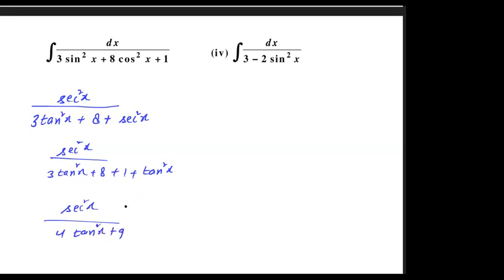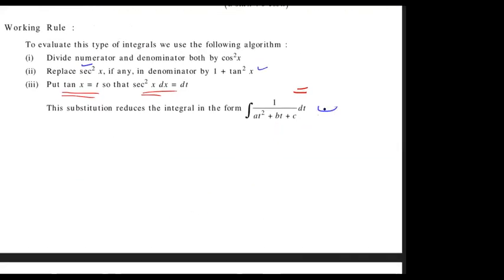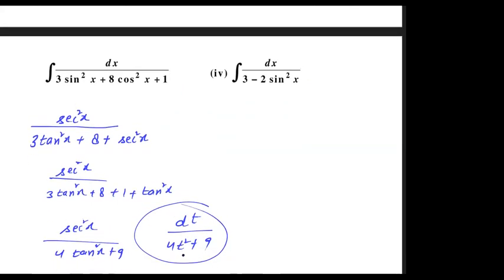Now if we take tan x as t, it will get converted into dt. So here we will have dt upon 4t square plus 9. So it has now been converted into the standard form, which was also said here, that this integral will get reduced to this form. So it has been reduced here, okay.